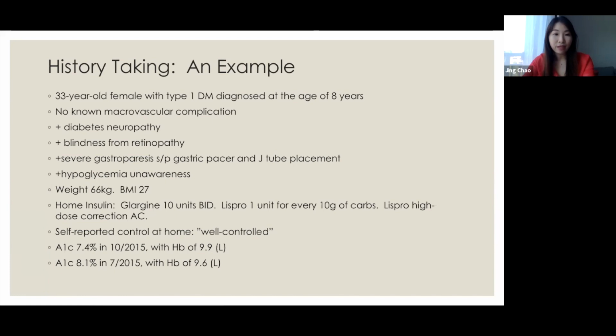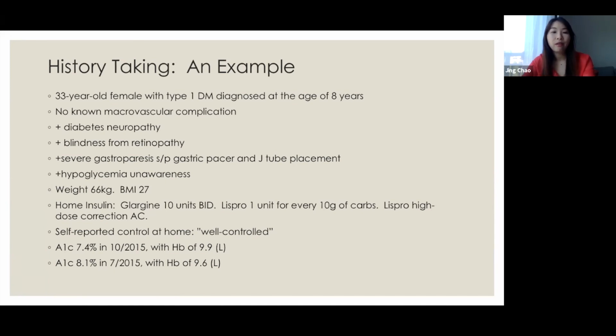She does not have known macrovascular complications, but she does have documented diabetic neuropathy, blindness from retinopathy, and severe gastroparesis, has undergone gastric pacer and J-tube placement, and has also developed hypoglycemia unawareness. Her weight is 66 kilograms, BMI is 27, putting her in the overweight range.